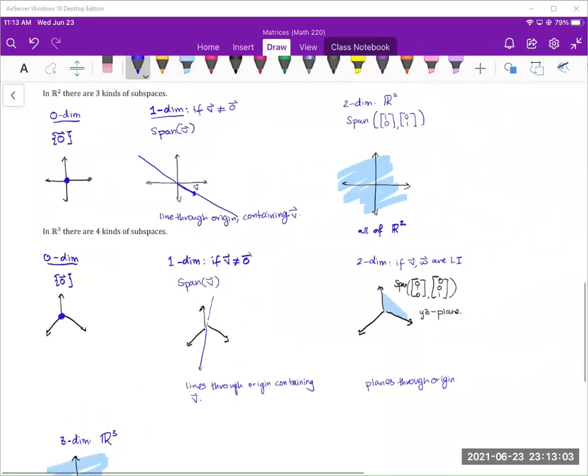Okay, and you can see here that if we look at the dimension, then it doesn't matter so much what space these vectors are living in. Within that subspace, the pictures look very similar. So, for example, if we have a one-dimensional subspace, if it's in R2 or R3, there's only one direction we can move in, and so this looks like a copy of R, right?